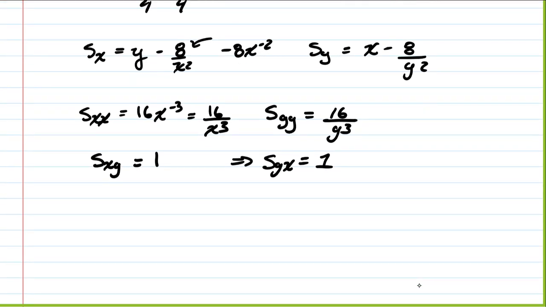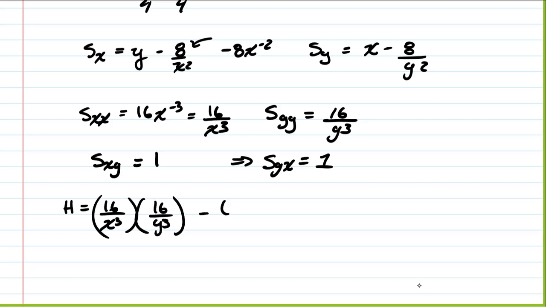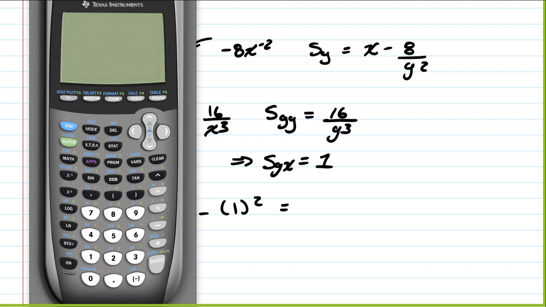So then we find our matrix is going to be s sub xx times s sub yy. So 16 over x cubed times 16 over y cubed minus 1 squared gives us, what is 16 squared?